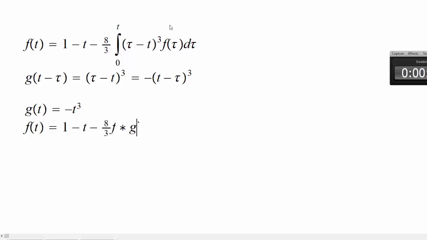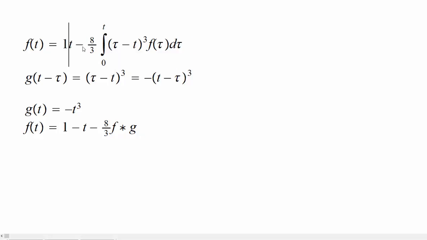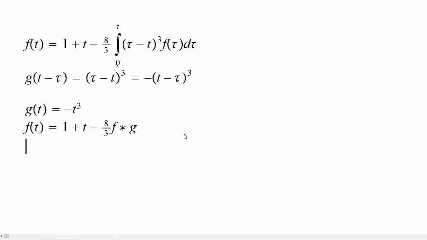So now we can rewrite this equation as the following: f of t is 1 minus t minus 8 over 3 times the convolution of f and g. Now I just noticed, since the book is in front of me, that the question that you gave me has plus t here.